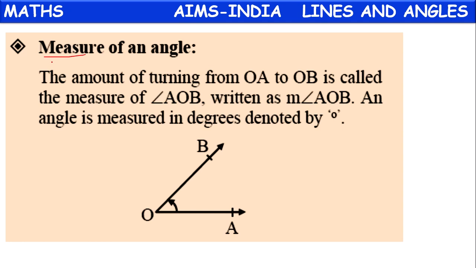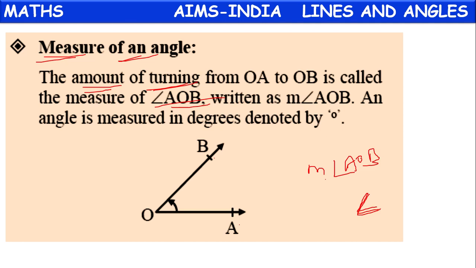Next, measure of an angle. How to measure an angle? The amount of turning or amount of rotation. From OA to OB is called the measure of AOB. Sometimes it is written as m angle AOB, where m stands for measure of, and this symbol is the symbol of angle.